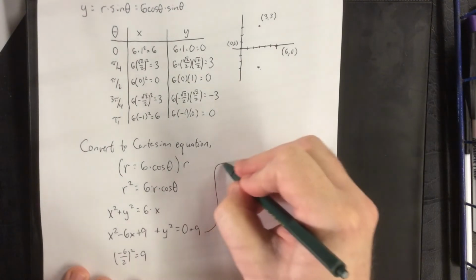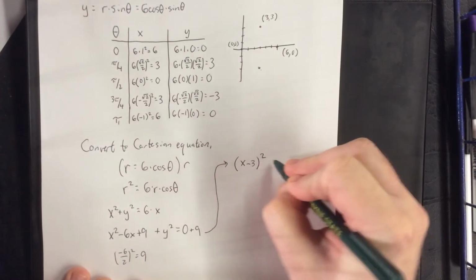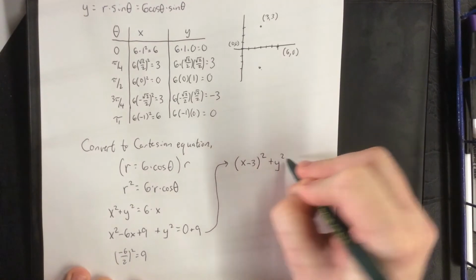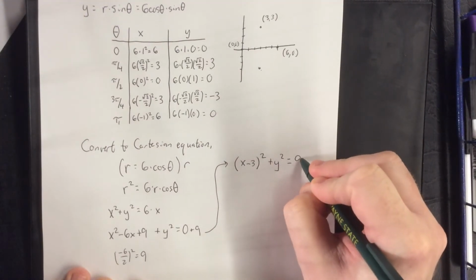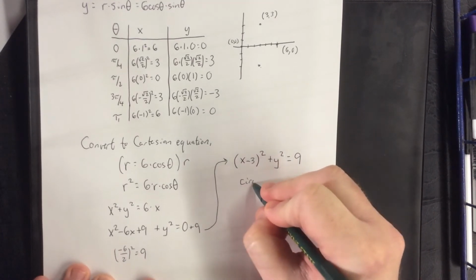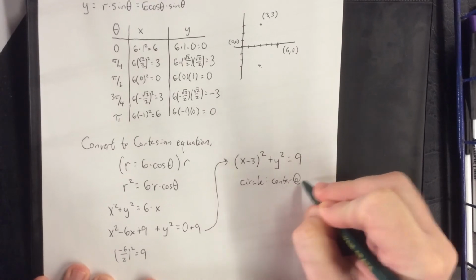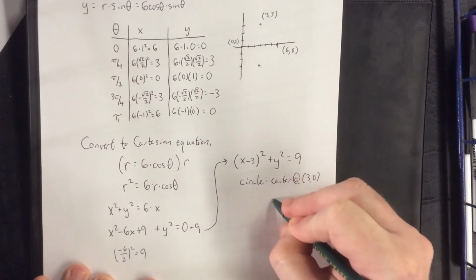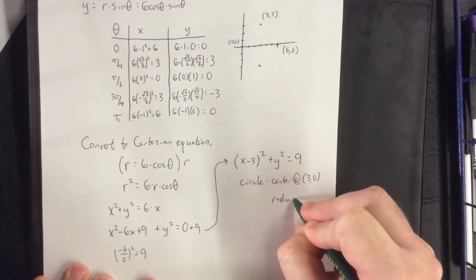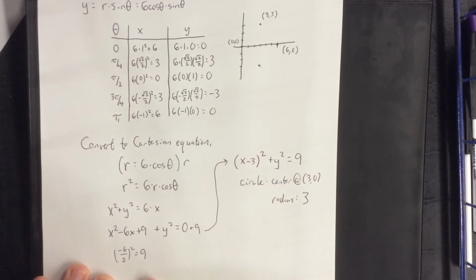This lets me know that in standard form, this circle would be x minus 3, quantity squared, plus y squared is equal to 9. Hopefully this is recognizable as a circle with a center at 3, 0, and a radius that is equal to the square root of the right-hand side. That would be a radius of 3.